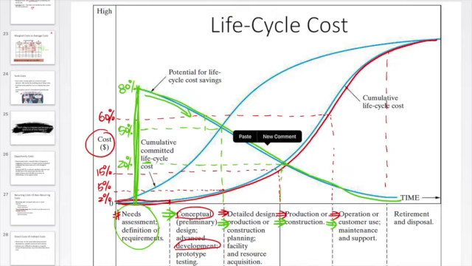So what's the takeaway? The takeaway of this chart is to tell you it is super important to make the right decision at the beginning of a project. That's the takeaway. Very simple, but it's based on real data. This chart is based on some real data from a project, and the lines are real.